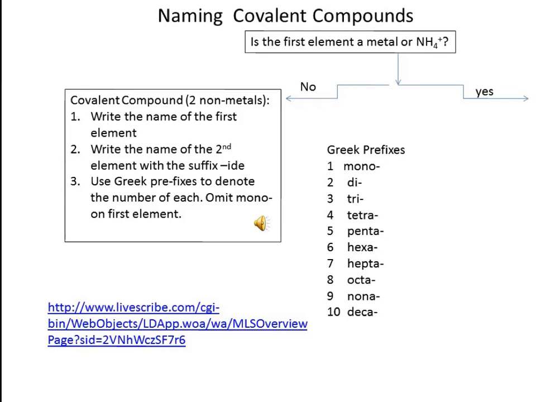If you've been working through your videos for me, this is part of that larger chart. We ask, is the first element a metal or ammonium? No. That means we have a covalent compound, or two nonmetals. We write the name of the first element, write the name of the second element with the suffix IDE, and we use the Greek prefixes to denote the number of each. So let's do another example here.